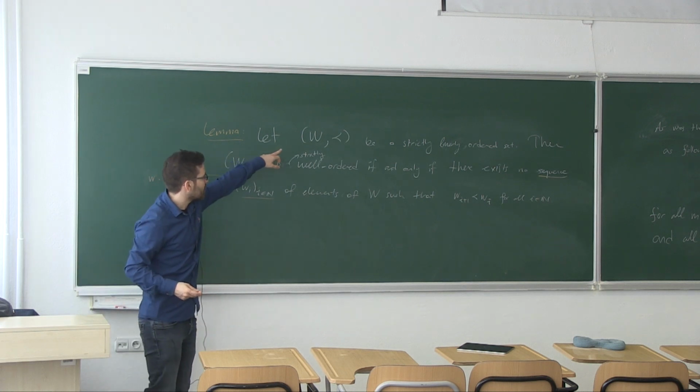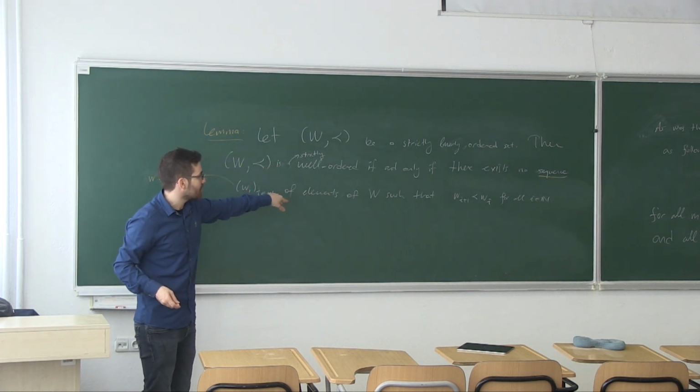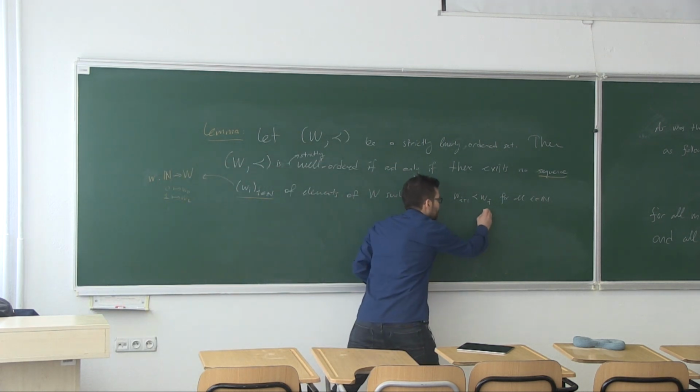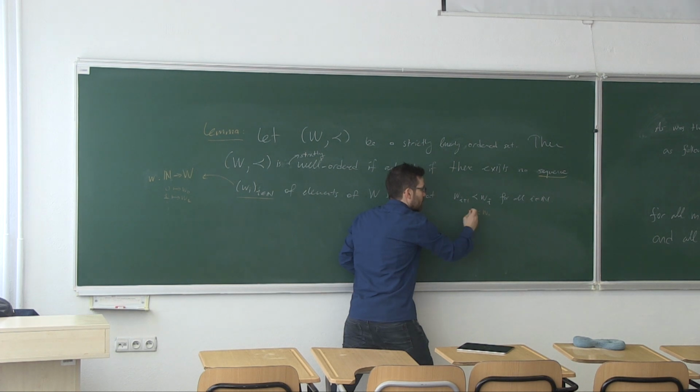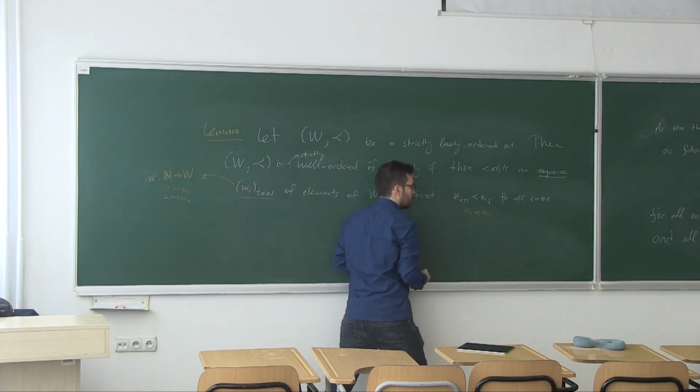So apparently, this is strictly well ordered if and only if there is no sequence satisfying the following: w_{i+1} is strictly less than w_i. So I have w_0. Let's say that this holds for some sequence. Then w_0 is strictly greater than w_1, which is strictly greater than w_2, which is strictly greater than w_3.